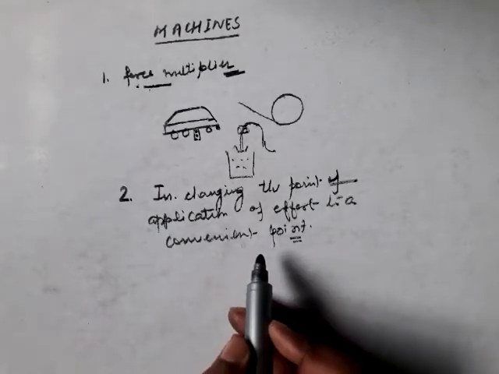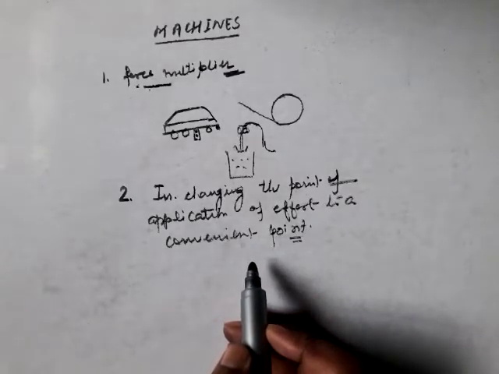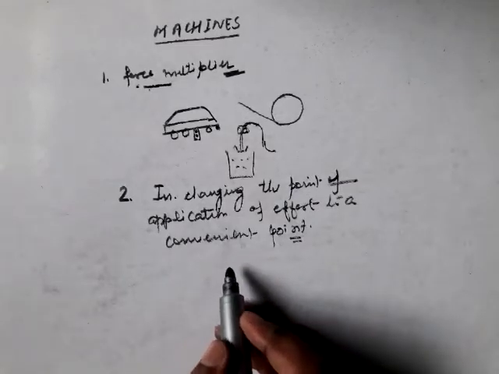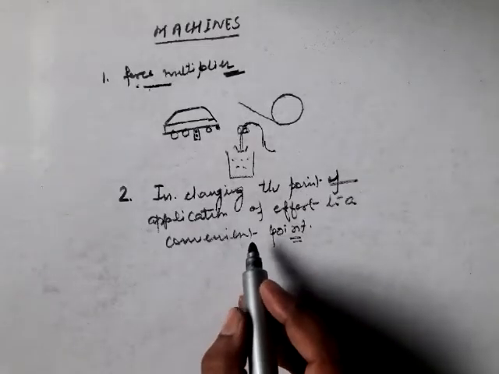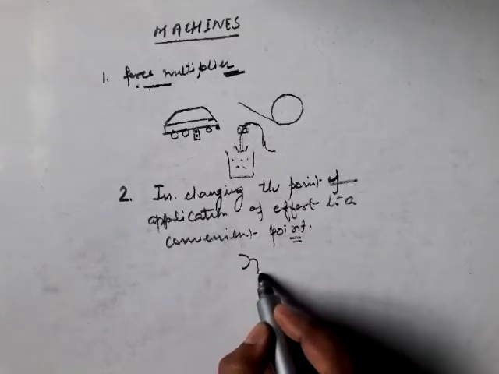How are we able to describe it? We can take the example of a bicycle.